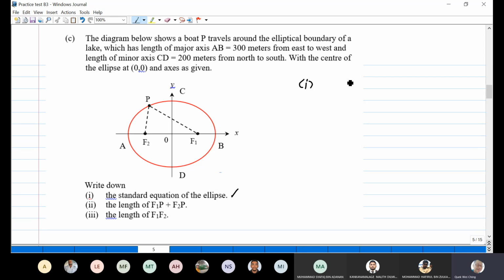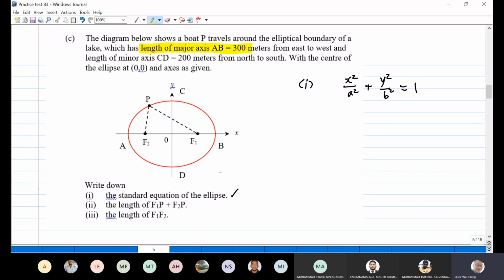And what is the standard equation of ellipse, right? Something like this: x squared over a squared plus y squared over b squared equal to 1. This is the standard equation of ellipse here. So what is a, what is b now? Given to you, the length of major axis AB is 300.